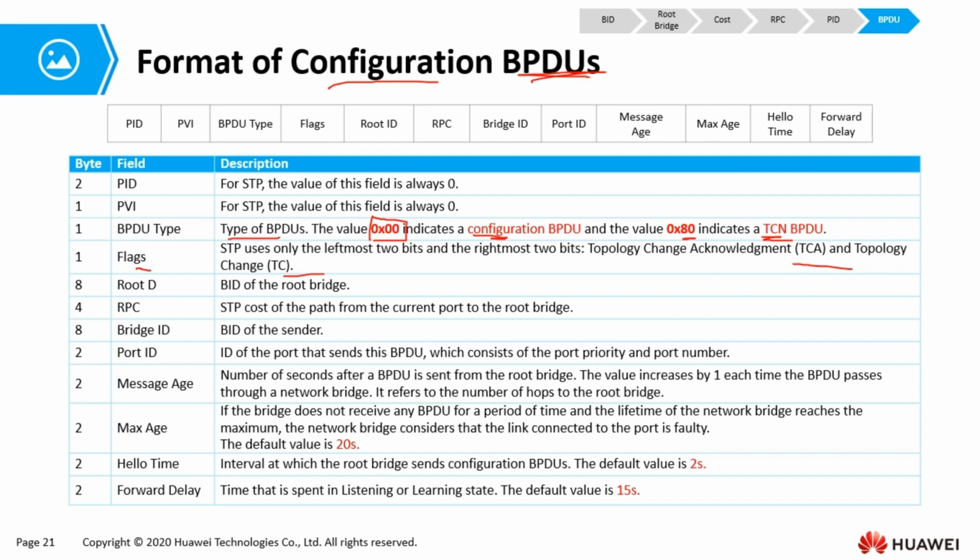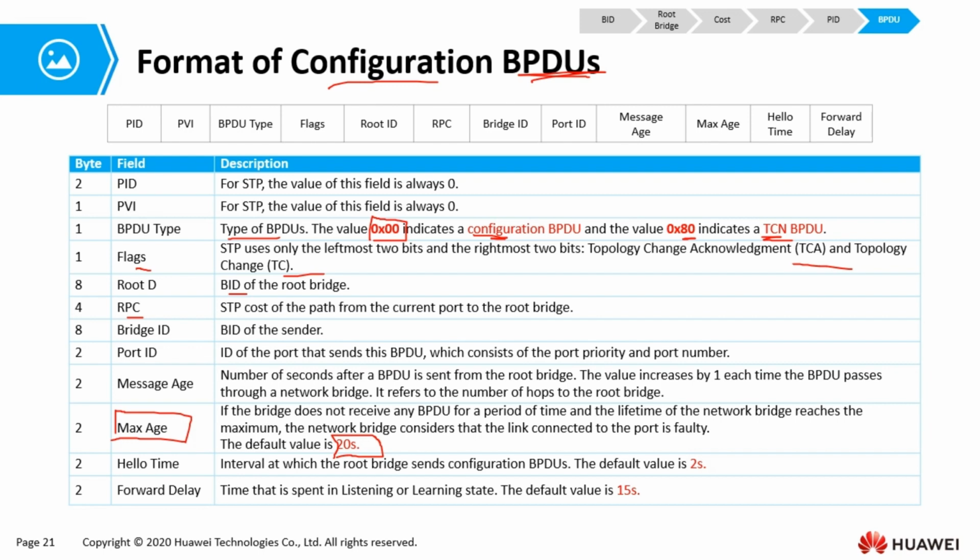There will be a bridge ID and your root path cost. Another important field here is the maximum age. By default, the maximum age is 20 seconds. Later we will see where we calculate it.